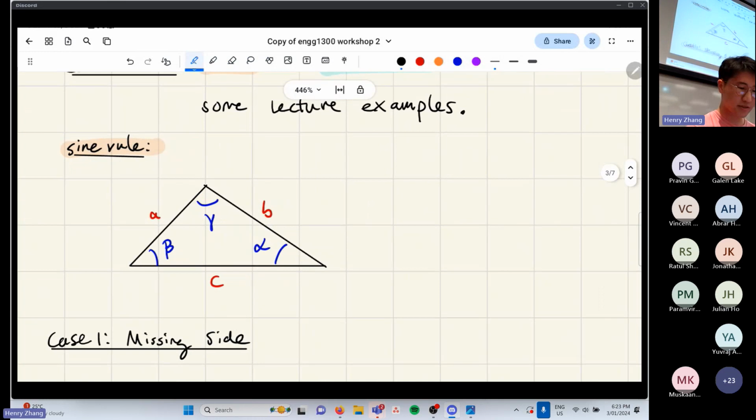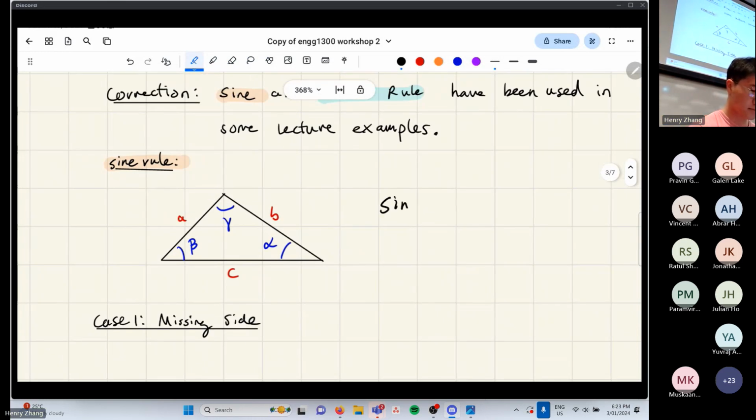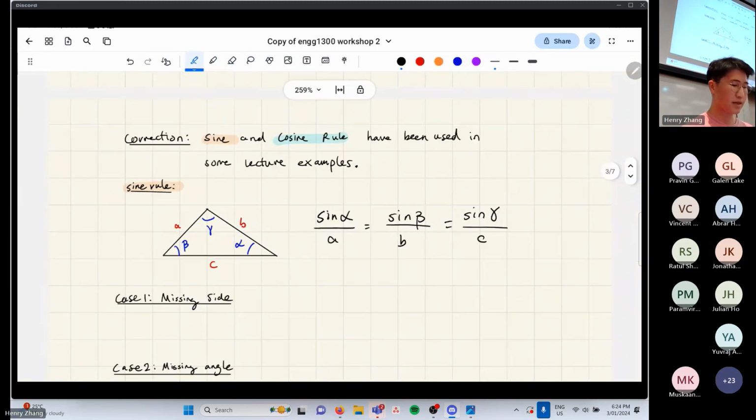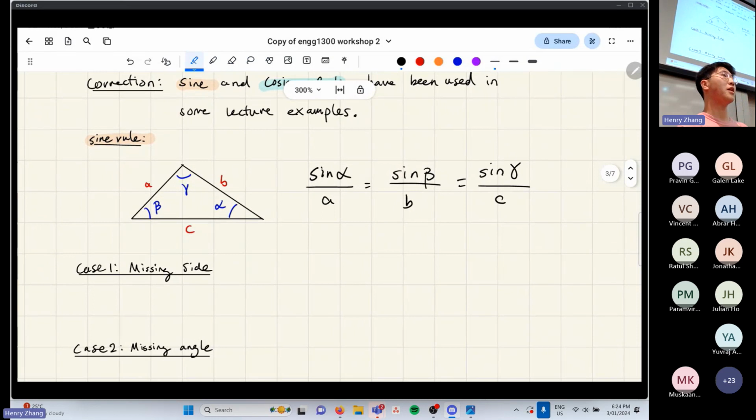So the formula goes like this. Right? Okay. So with this formula, there's kind of 2 things you can do with it.